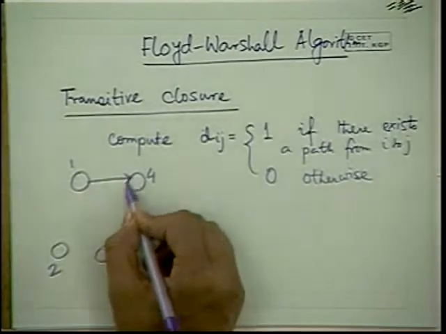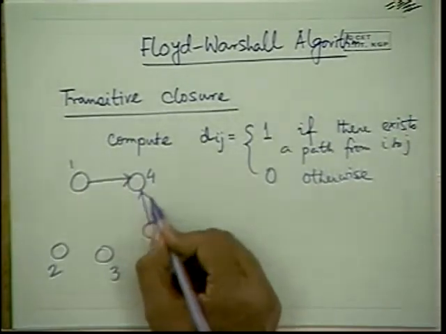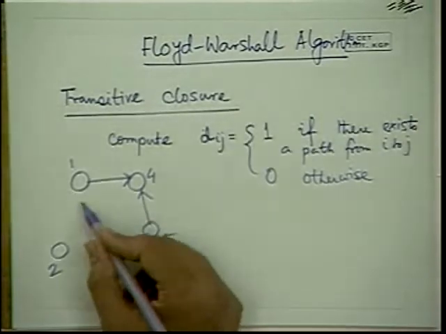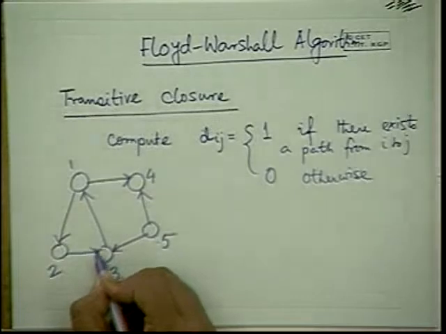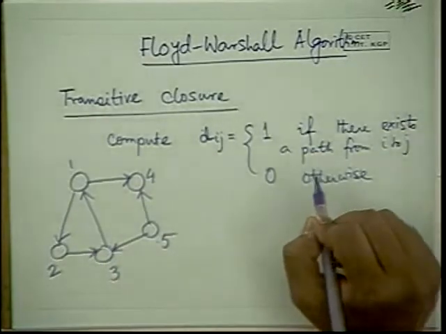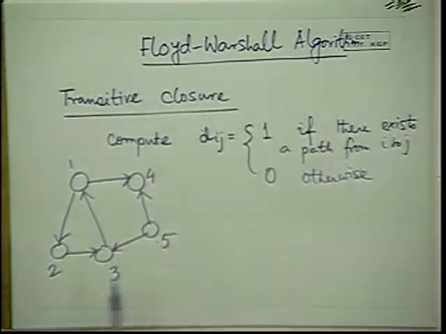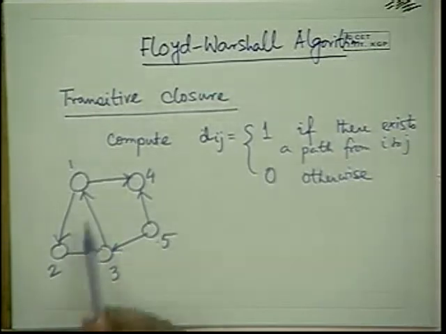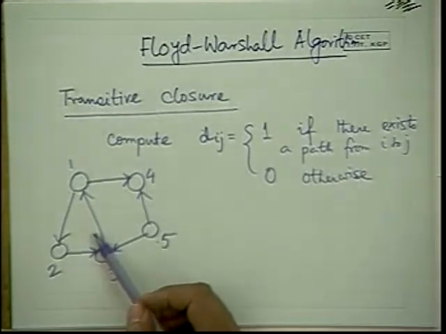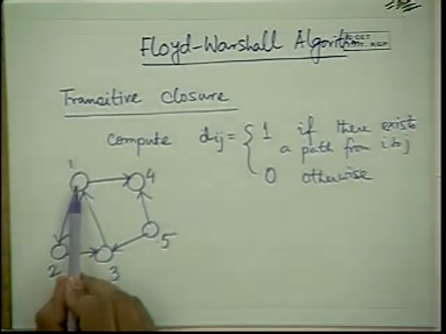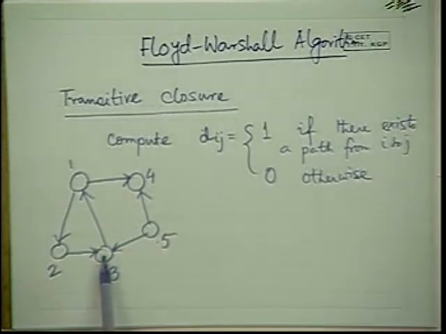So suppose this is a graph, taking a directed graph here. Now for this graph, you can see there is no edge from 1 to 3. But in the transitive closure, there will be an edge from 1 to 3 because there is a path from 1 to 3, 1, 2, 3. So D13 should be 1.